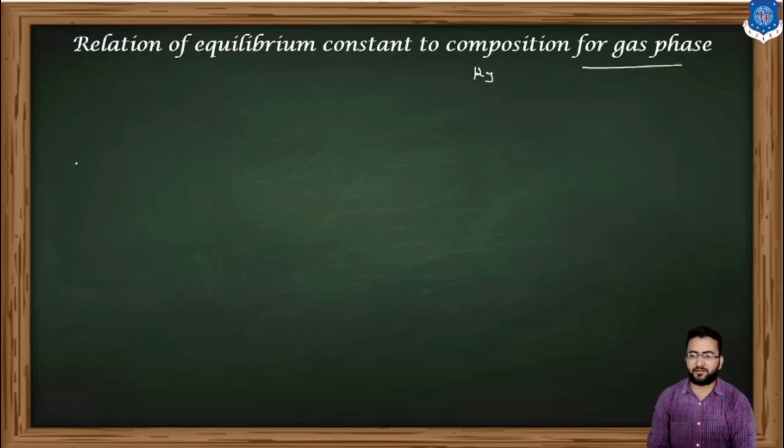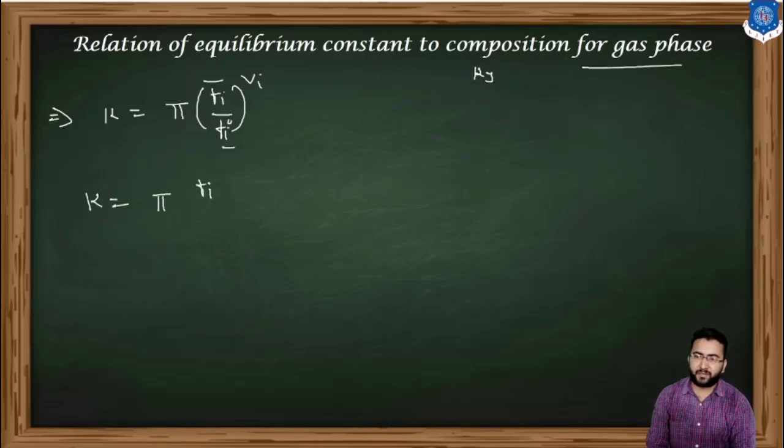gas phase reaction. For a gas phase reaction, first suppose our equilibrium constant is given by K equal to capital Pi of fi bar upon fi naught, whole raised to vi. Now this fi naught, for the standard state, can be replaced by Pi naught, whole raised to vi.